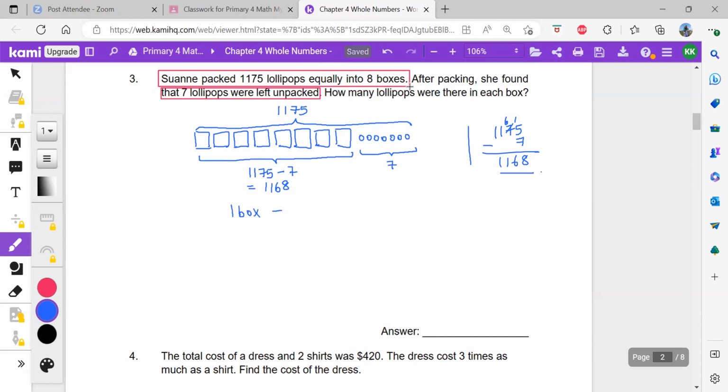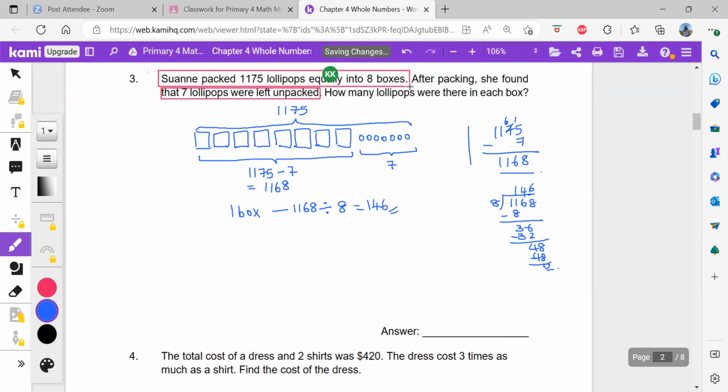So for every box, the number of lollipops will be 1,168 split into 8 equal boxes, and you can do working as well, 1,168 divided by 8. Okay, I'll get 146 lollipops in each box. There you go.